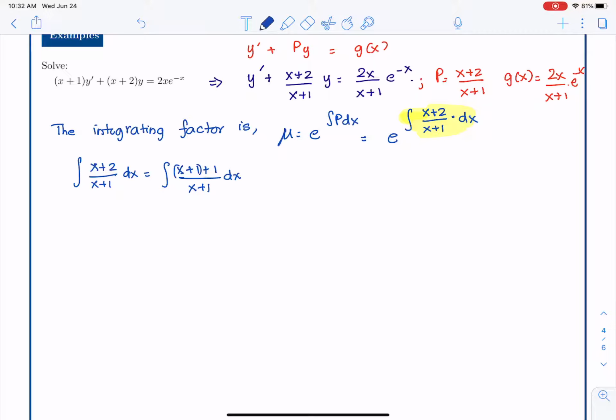And the first two terms, if I combine them, become x plus 1. Since we have a common denominator, I'm going to write it as (x plus 1) over (x plus 1) plus 1 over (x plus 1) dx. Split the integrals. (x plus 1) over (x plus 1) is simply 1, plus 1 over (x plus 1) dx.